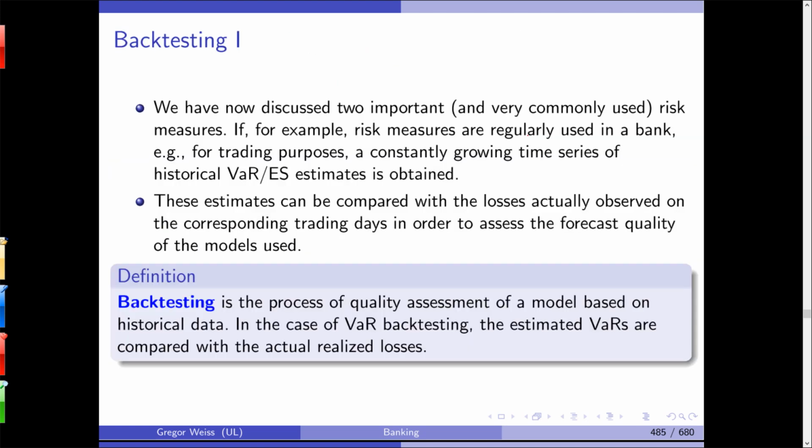I've already talked about backtesting. What you do in backtesting is you take your model, and what is frequently done is you use the data available and you split your historical data, let's say, into two subsamples, 2010 until 2018. You estimate your model based on this sample, 2010 to 2018, and then you compare the actual losses in this sample.